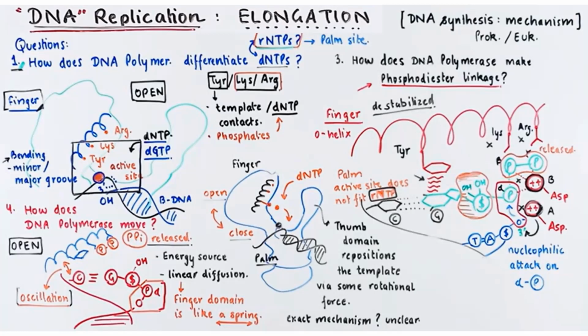Apart from palm and finger domain dynamics, each time the polymerase adds a DNTP into the growing daughter strand, the thumb domain is responsible for moving the template by some sort of rotational force. The thumb domain detaches for a short split movement and reattaches in a new position.